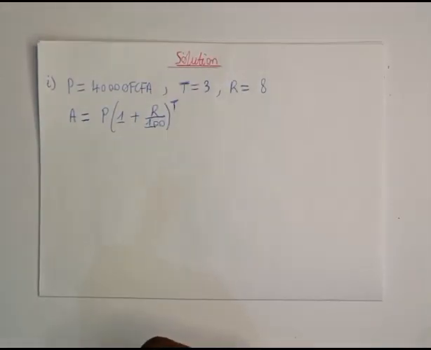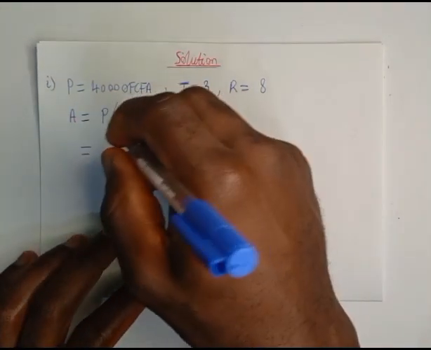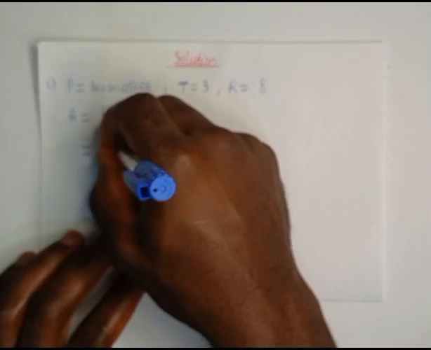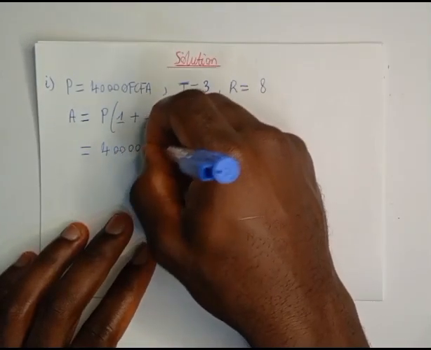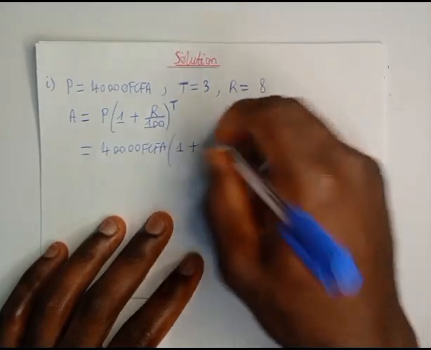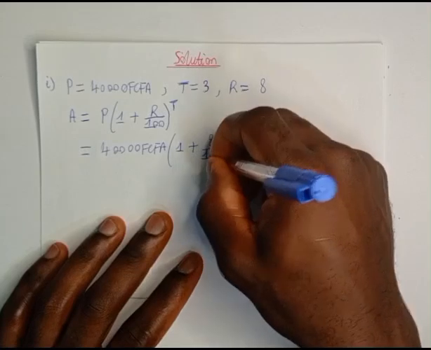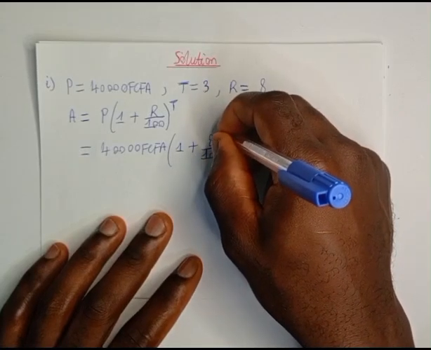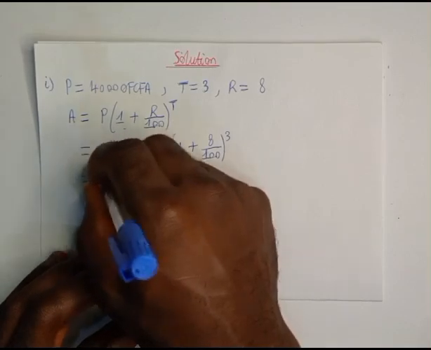By making use of this formula, the amount A will be equal to 40,000 francs CFA times 1 plus 8 all over 100, all this raised to the power T, which is 3.